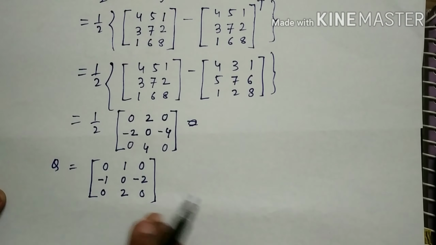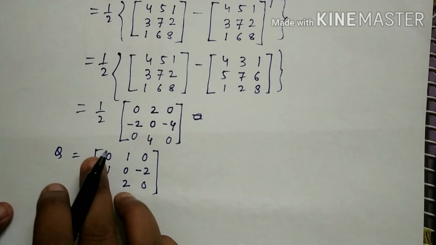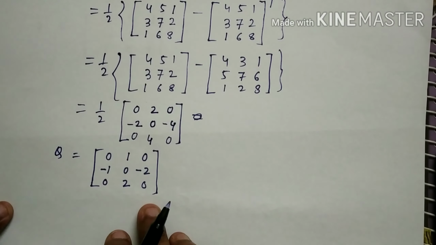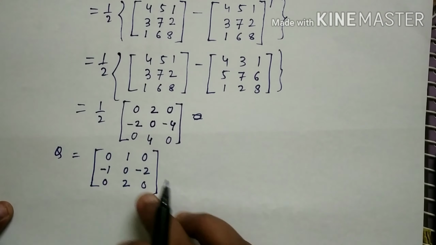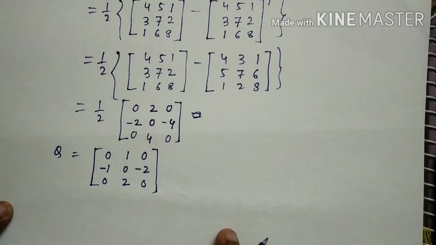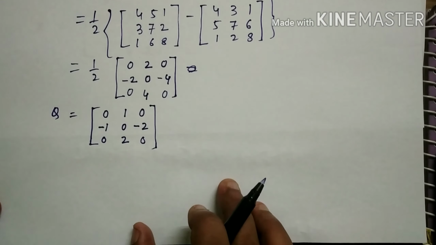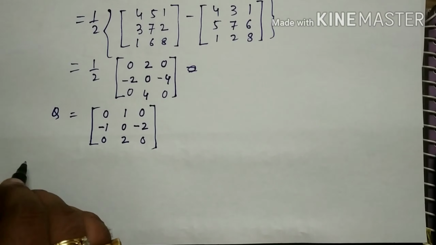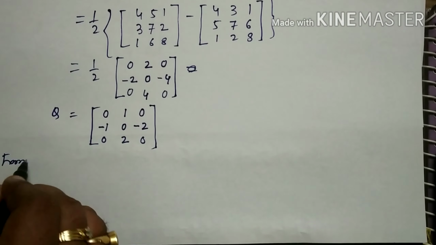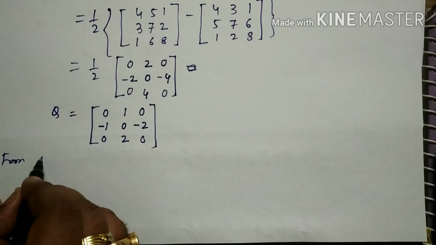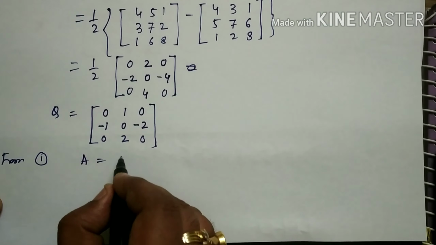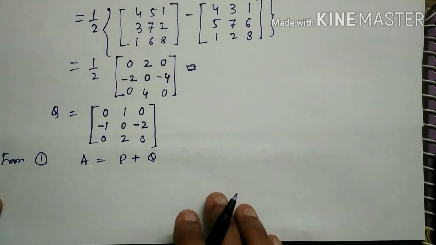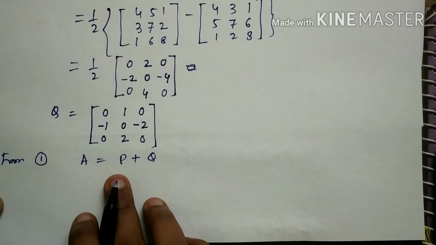So this is a skew symmetric matrix because all diagonal elements are 0 and elements are symmetric about the principal diagonal with opposite sign. Okay, hence from 1, A is equal to P plus Q. What is P? P is a symmetric matrix.